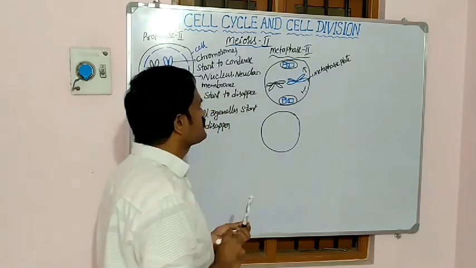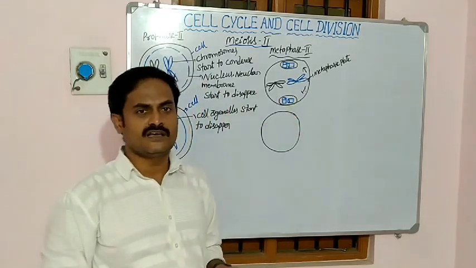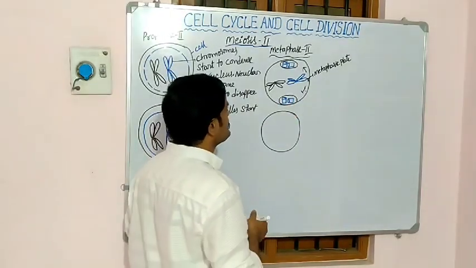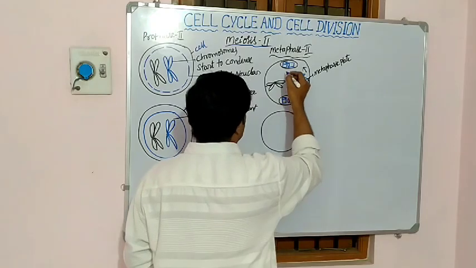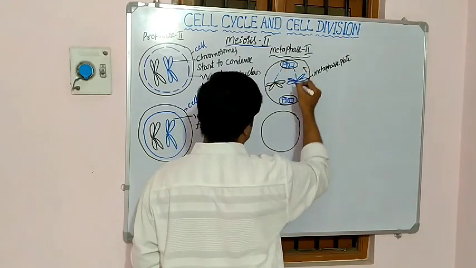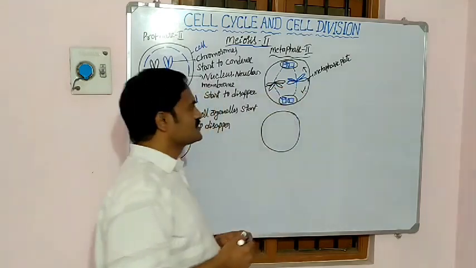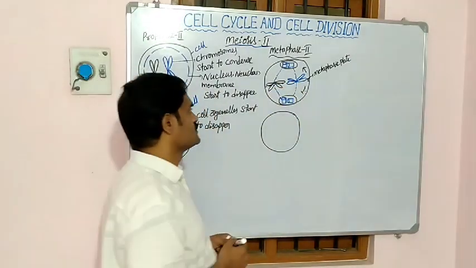So the centrosomes reach opposite poles of the cell. Then the centrosome starts forming spindle fibers towards the centromere of the chromosome.